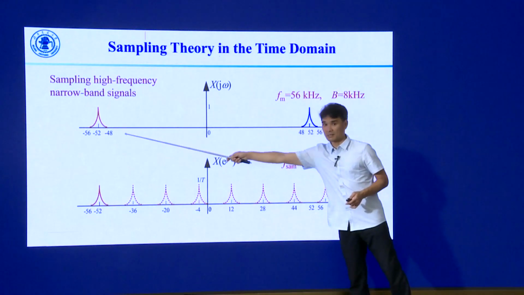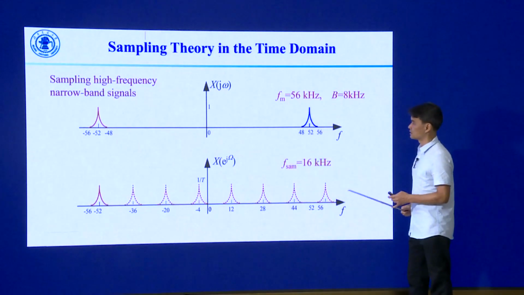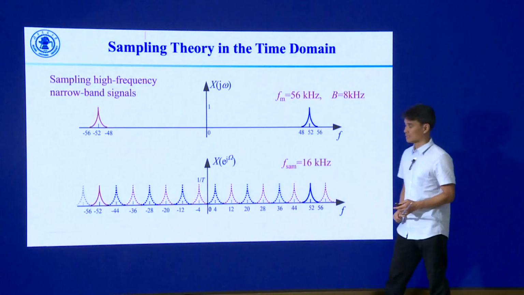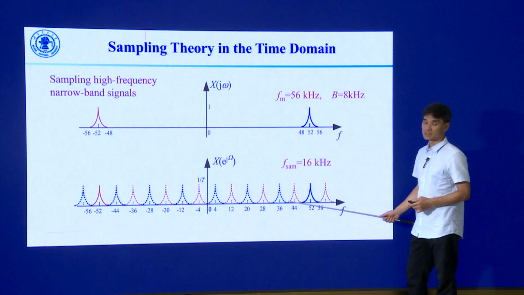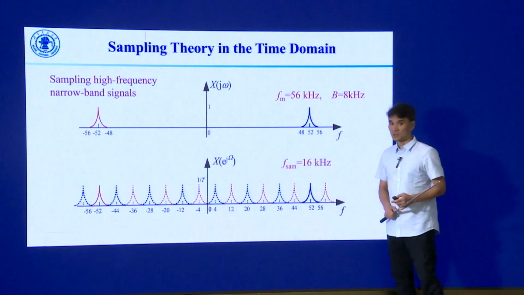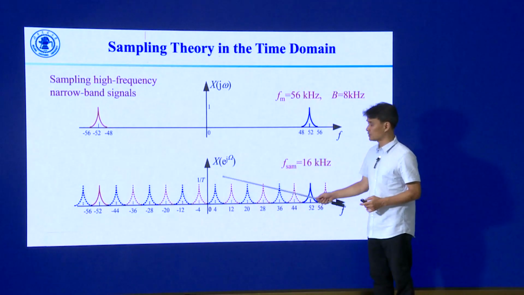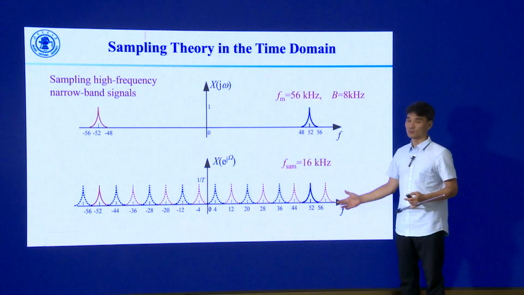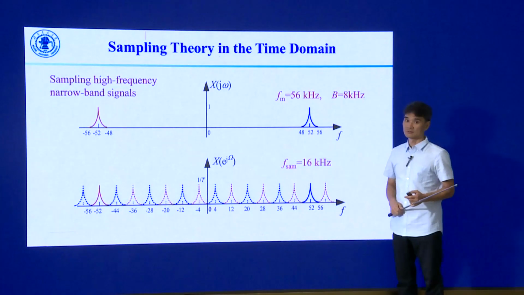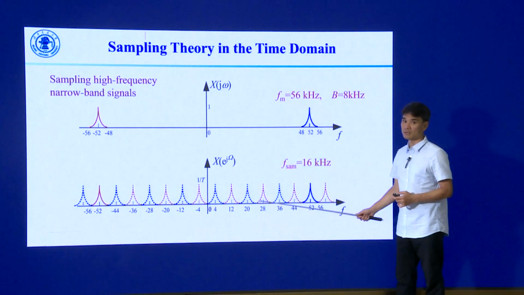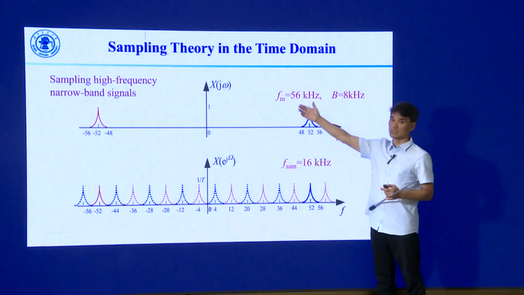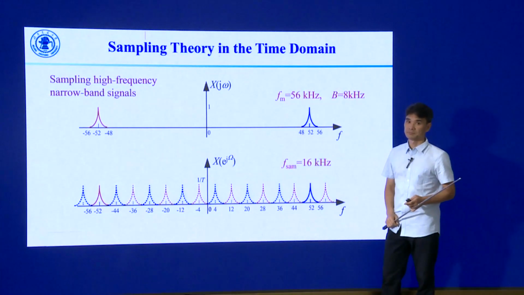That's for this part, periodization, and for this part, periodization as well. And you can see that in this periodized spectrum, there's no overlap. We can still identify the individual spectrum for the original signal. So we have a chance to recover the original signal from the sampled signal, even if the sampling rate is significantly smaller than the Nyquist rate.